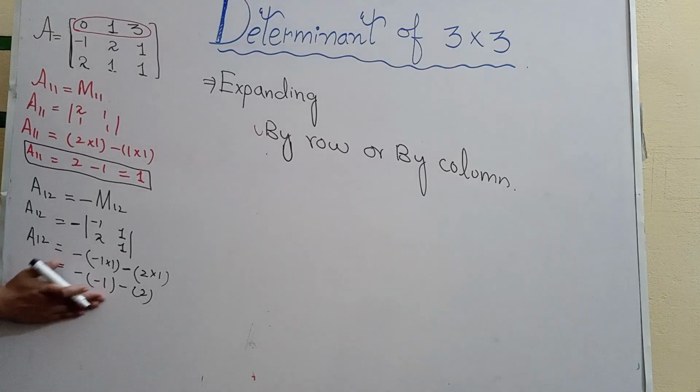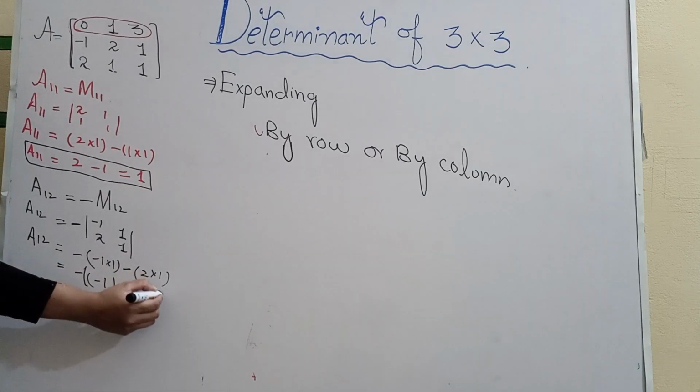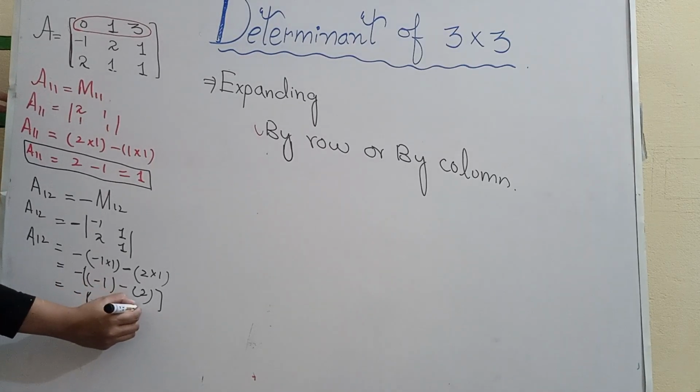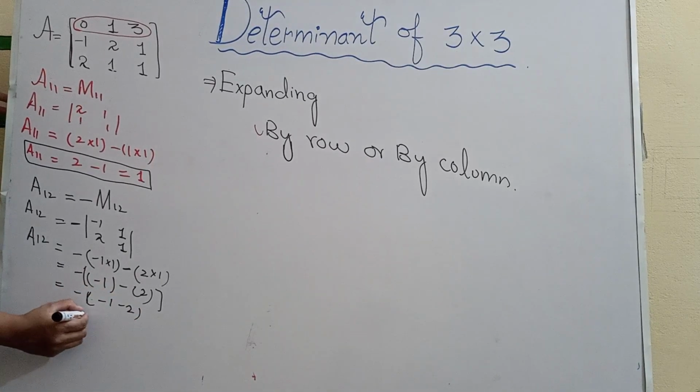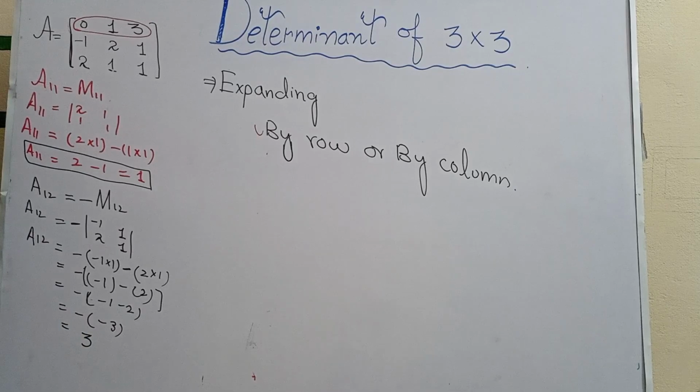We are going to add the sign at the last. So that is minus of minus 1 and minus 2. So minus 1 minus 2 becomes minus 3, and this minus symbol is going to multiply with it. So it becomes positive 3.